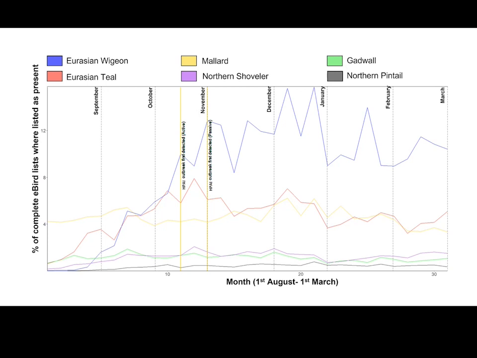But that doesn't necessarily match with when the birds are first coming into the country. It's probably around the peak time for migration in teal and widgeon, but the migration can start as early as August and tends to really ramp up in September. Whilst we started our sampling then, as that was the earliest opportunity, there needs to be further testing to see what happens in that earlier window.